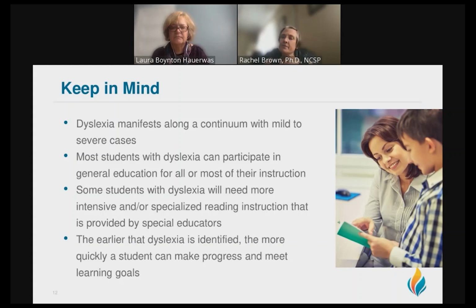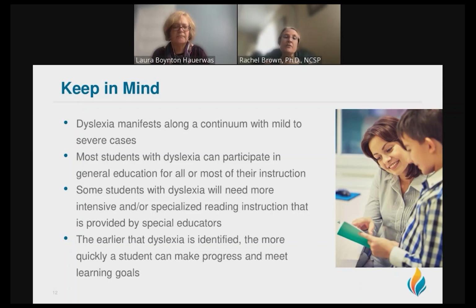But the thing to realize is that almost everyone with dyslexia can learn to read, and most students with dyslexia will participate in the general education classroom for most of their instruction. And so it's a matter of really appreciating what types of specialized instruction a student with dyslexia requires, and then providing those in addition to other parts of their learning experience in school each day.